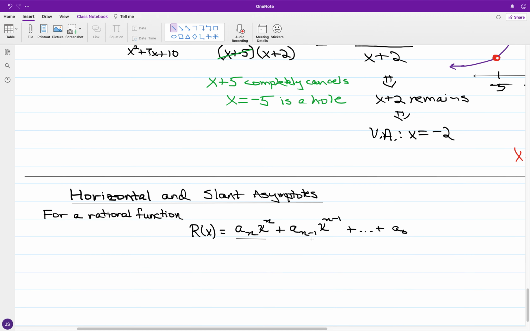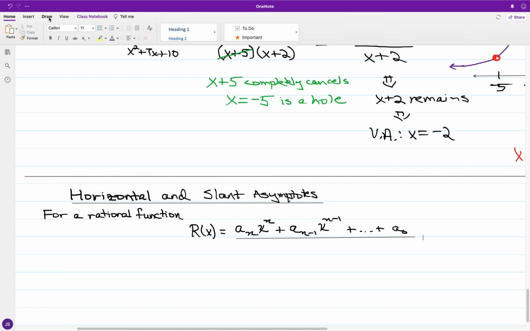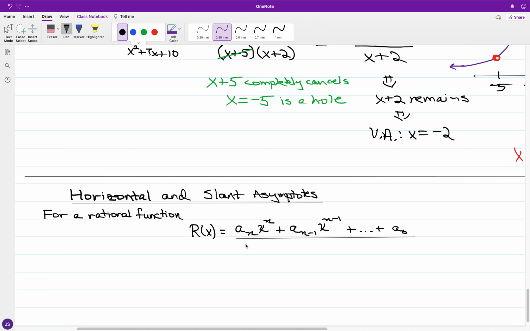And then this is going to be over another polynomial. And here we're going to have b subscripted by the letter m. So you have b of m times x to the m plus b of m minus 1 times x to the m minus 1, running to a constant b naught.